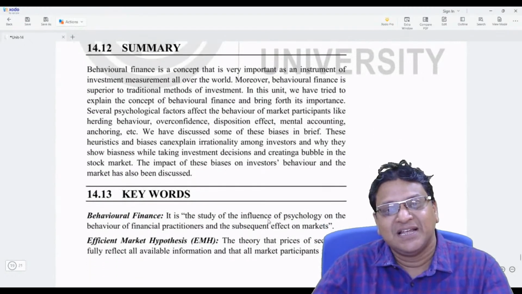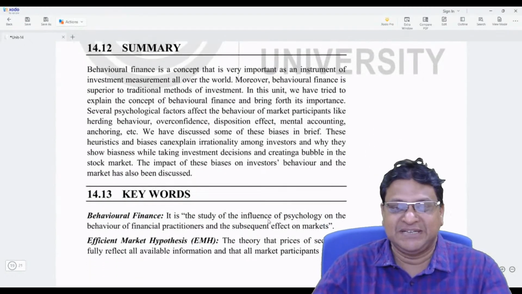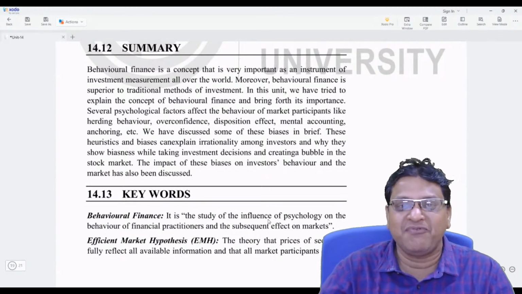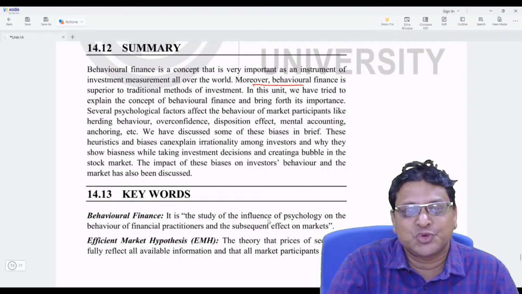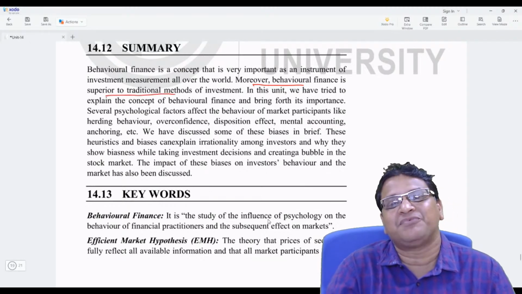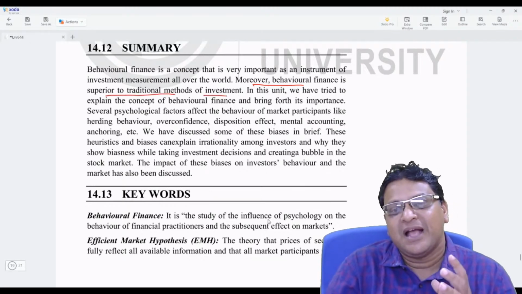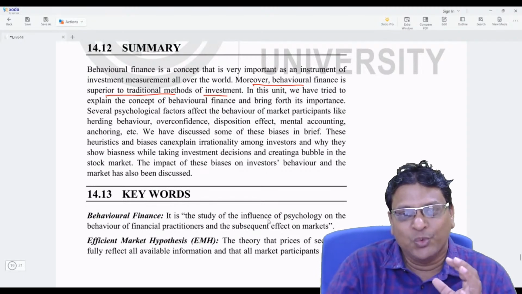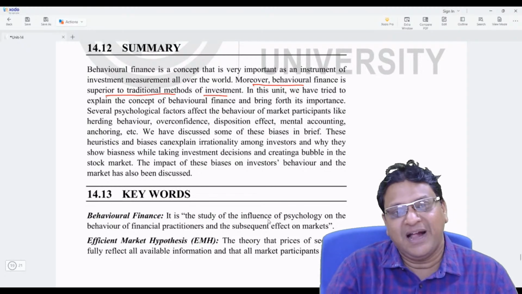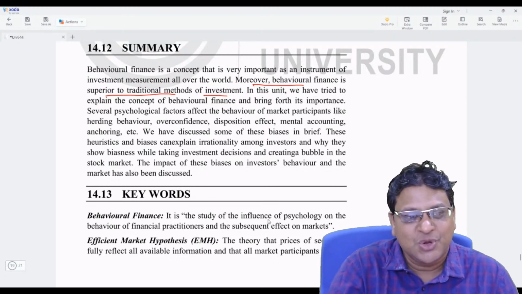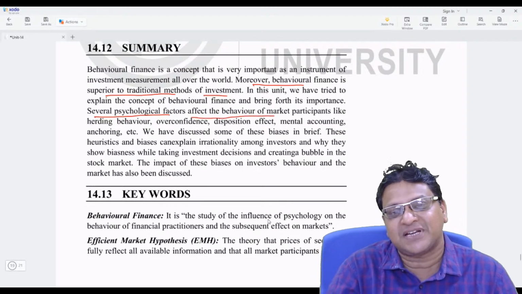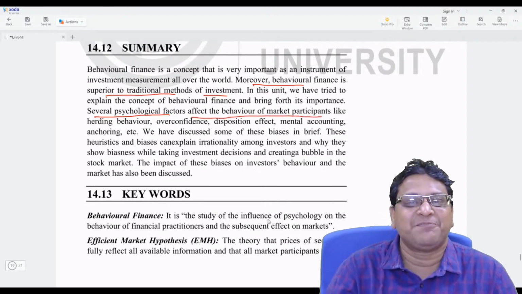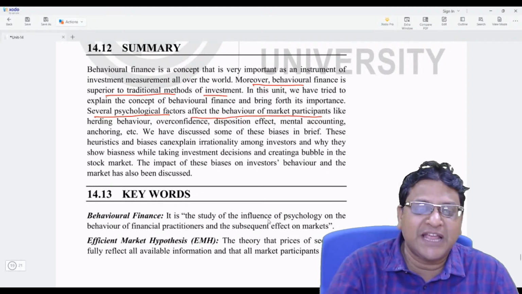Behavioral finance is a new discipline of finance. Behavioral finance is somewhat superior to traditional methods of investment. If we apply behavioral finance, we will study the market anomalies. And with the help of behavioral finance, we study several psychological factors that affect the behavior of market participants. What are the psychological effects?